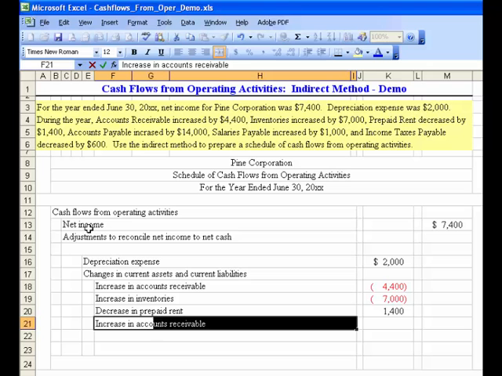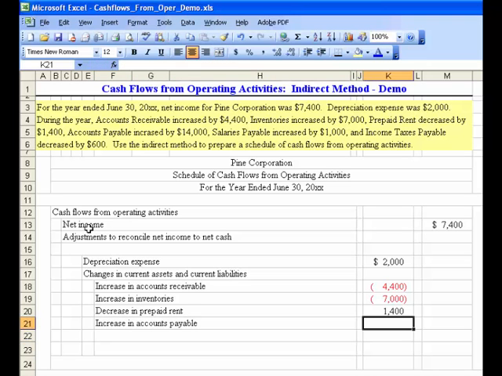Now we have increase in accounts payable. If a liability increases and we're adjusting from net income to net cash from operating activities, then that means we were able to use somebody else's funds, is one way of looking at it. Another way of looking at it is we were able to finance our operations from someone else.